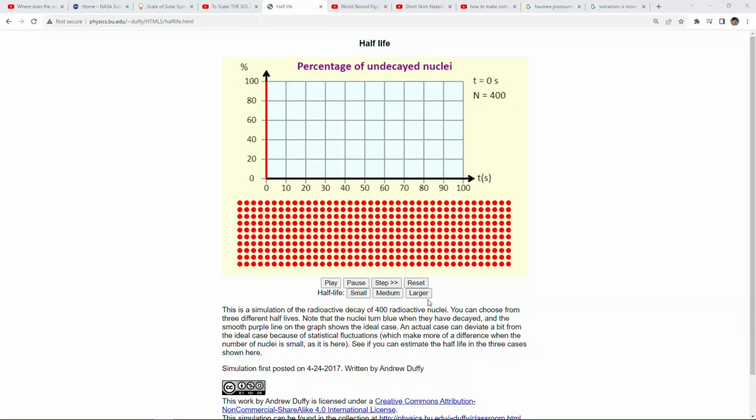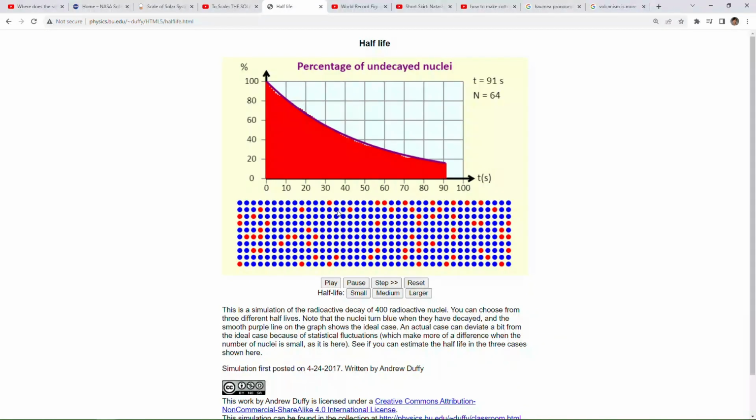So let's start with a larger half-life to see how the half-life actually works. We'll play the simulation first. You can see gradually the red turns into blue. That means the radioactive elements start to decay, therefore becoming a new element.